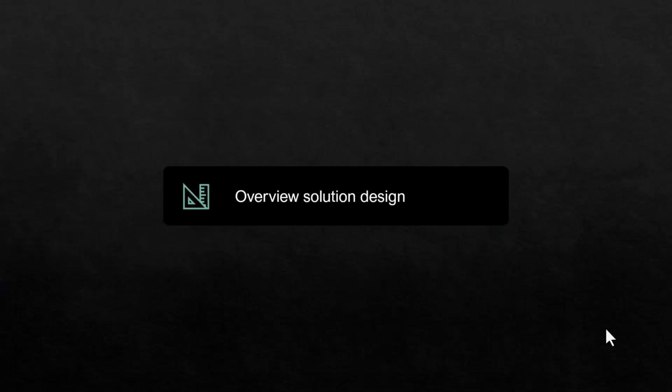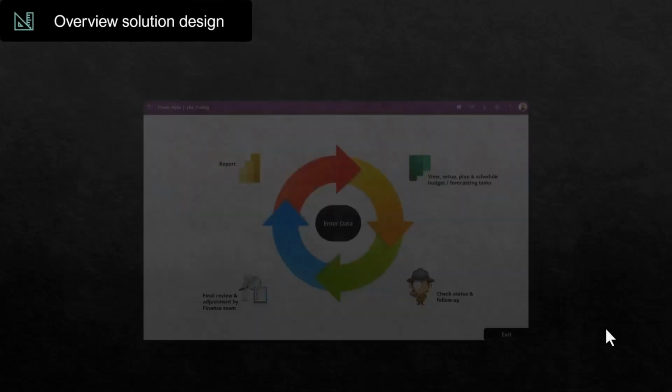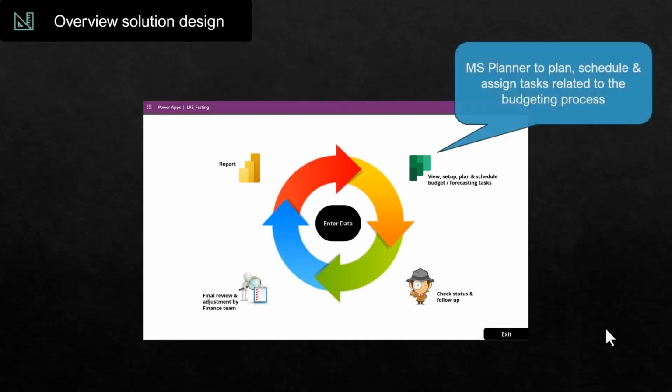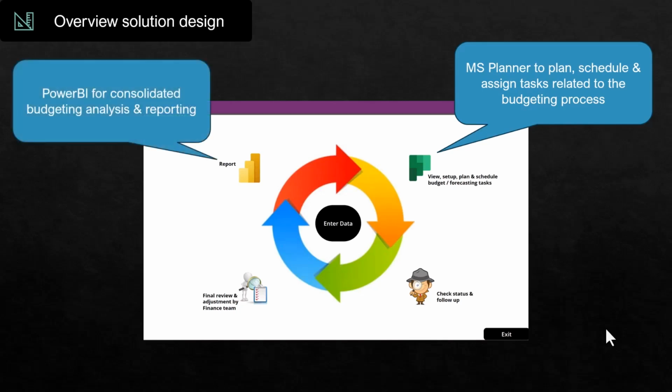So what I did based on this background is I created basically a Power App. That's how it looks like. And on top, I start with Microsoft Planner. Why Microsoft Planner? Well, because it allows you to plan, schedule, and assign tasks to people that are responsible for doing something. Then of course I have Power BI, because that's probably the best BI and reporting tool that we have available.